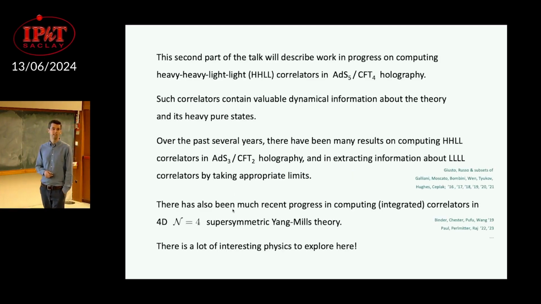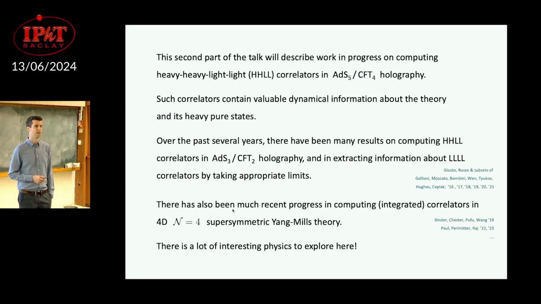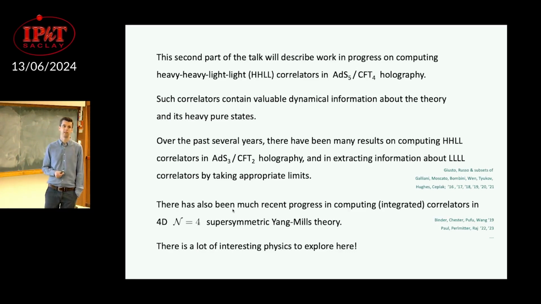So I'm interested in computing heavy light correlators in AdS5 CFT4. These correlators, of course, contain valuable dynamical information about the theory and its heavy pure states. Over the last several years, there have been many results on computing heavy light correlators in AdS3 CFT2 and in extracting information about all light correlators by taking certain limits. And this is quite powerful because using Witten diagrams is particularly difficult in this case.